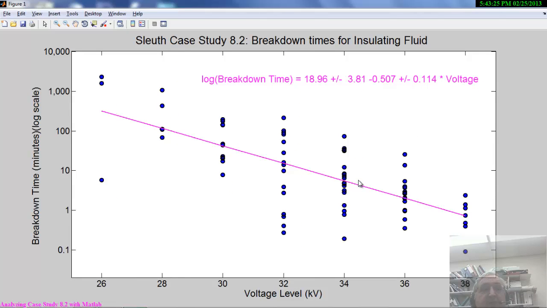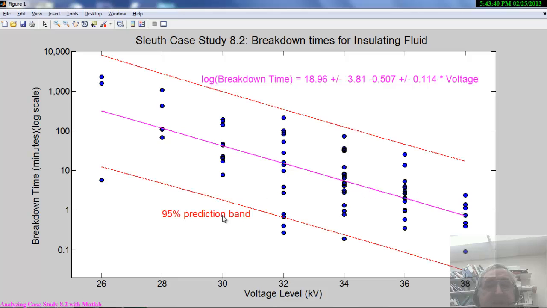In this model, we're going to be fitting the ordinary least squares regression, and since we have replicates at 7 different voltage levels, we can do a full goodness of fit test. So the full publication quality graphic, you can put in the 95% prediction band, as I've shown here, such that at each level of voltage, this gives you the band that should contain 95% of the individual observations.